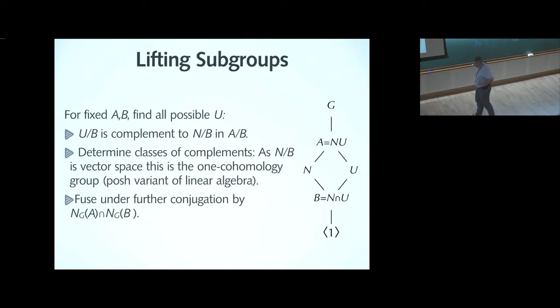That is basically calculation of a one cohomology group. And cohomology really is just the posh cousin of linear algebra. That's a linear algebra calculation with some action. And finally, I need to fuse these complements under the action of the normalizer of A and B, because some of them could be conjugate, and normally cohomology just gives me conjugacy up to N, or up to A. Okay, so that gives me conjugacy classes.